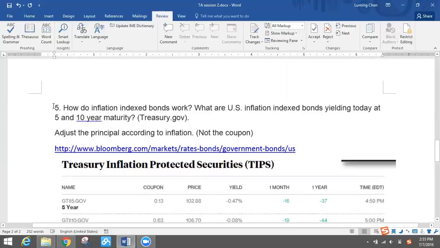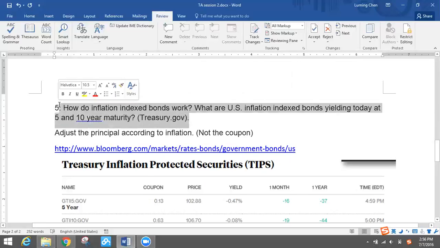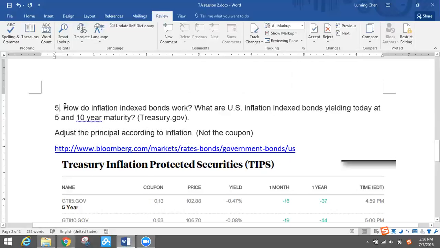Number 5, how do inflation index bonds work? What are the US inflation index bonds yielding today at 5 and 10-year maturity from Treasury.gov?